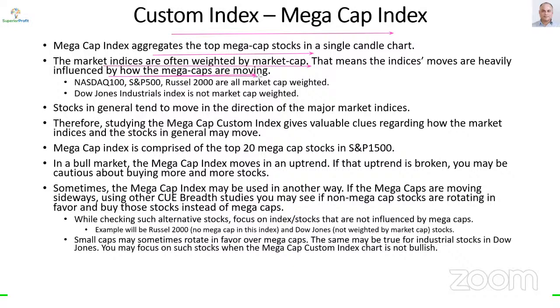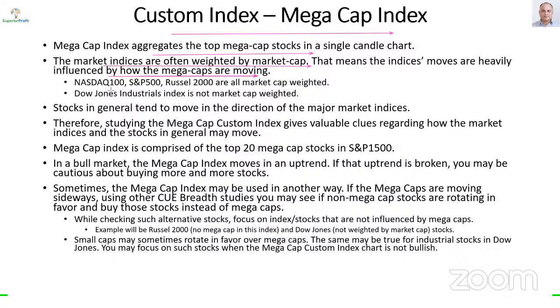If mega caps are going up, market will most likely go up. If market goes down in spite of mega caps going up, then we have to know that many majority, almost all the stocks, probably very high percentage of stocks are going down. And we'll be able to read that from other breadth layouts like advanced decline signal, up down signal.